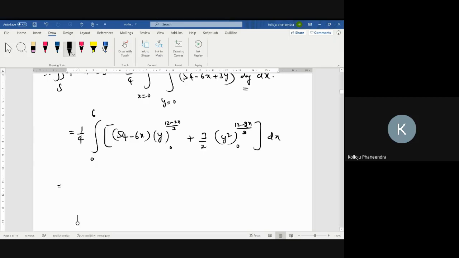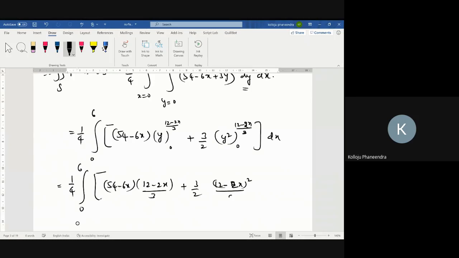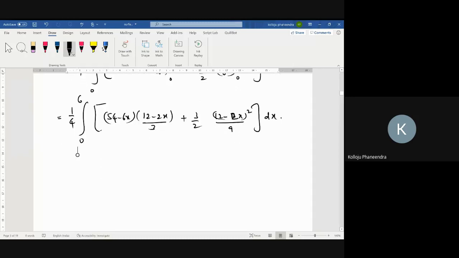So this equals 1 over 4 integral 0 to 6. First, 54 minus 6x as usual, upper limit minus lower limit gives 12 minus 2x by 3, plus 3 by 2 times 12 minus 2x whole square by 9, dx. Now you have to simplify this entire thing.